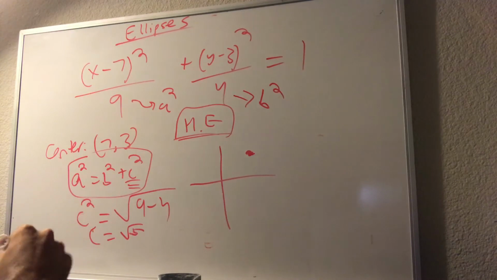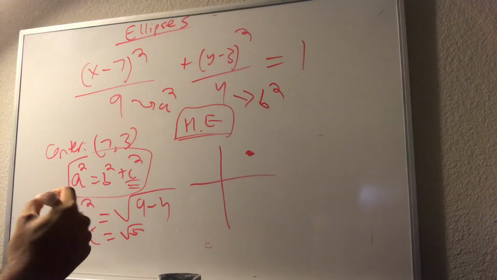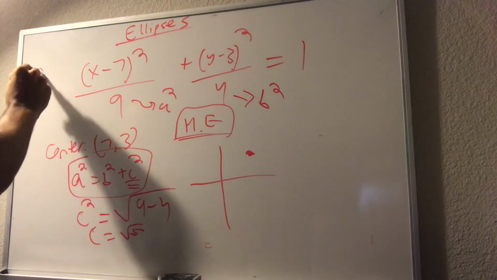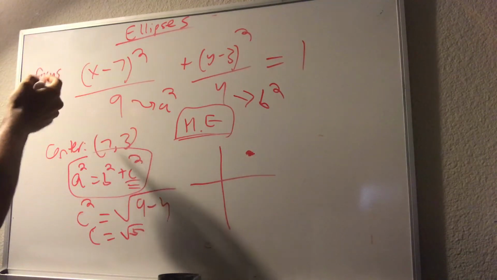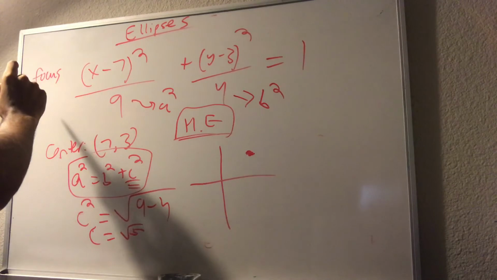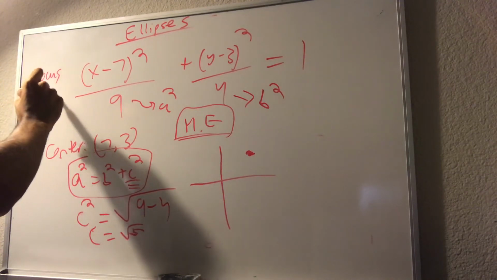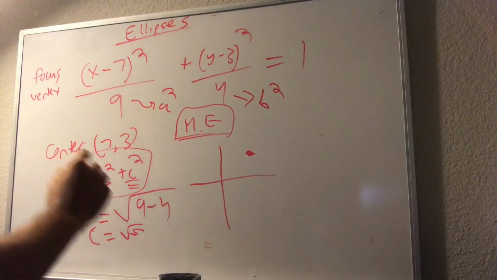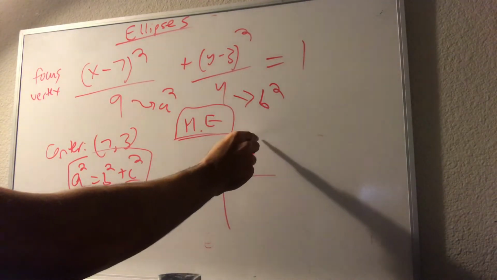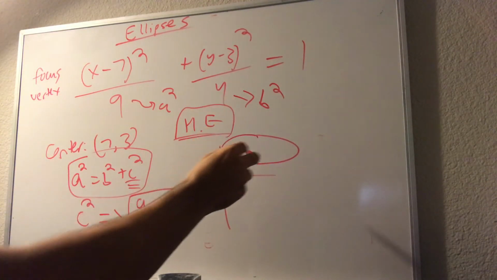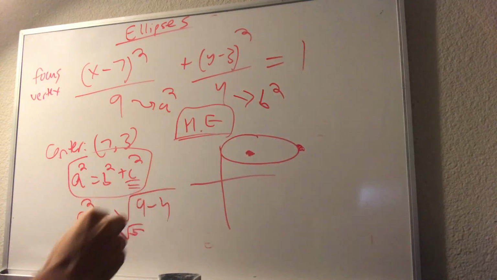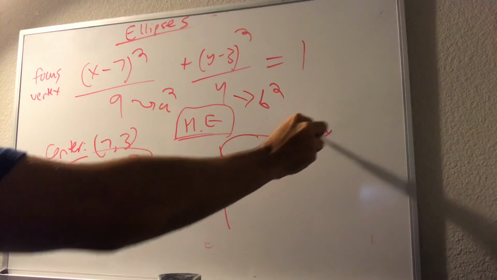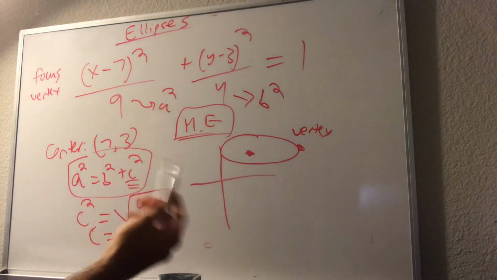So when we're talking about an ellipse, a term that you must know is the focus, or the foci, the plural form, and the other is the vertex. If you have a point here, this could be your point, and this is your vertex, but your focus is somewhere here. We do not exactly know.